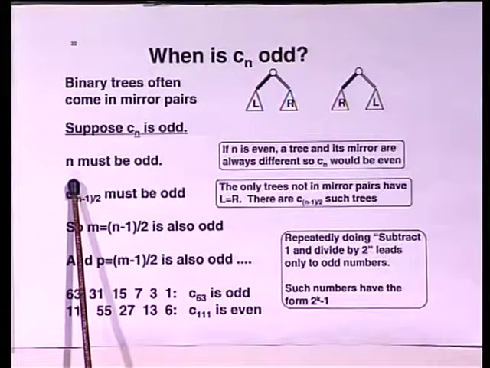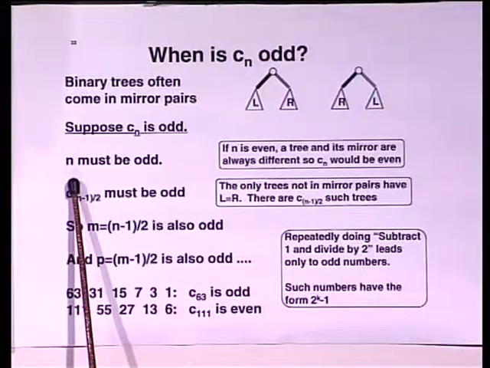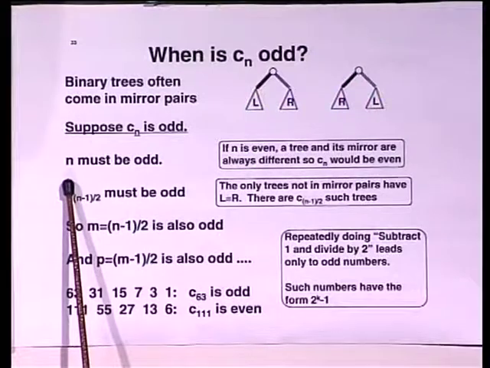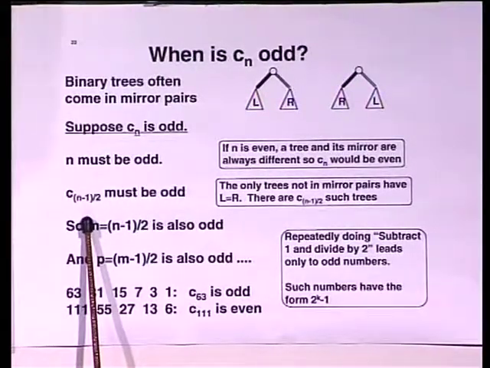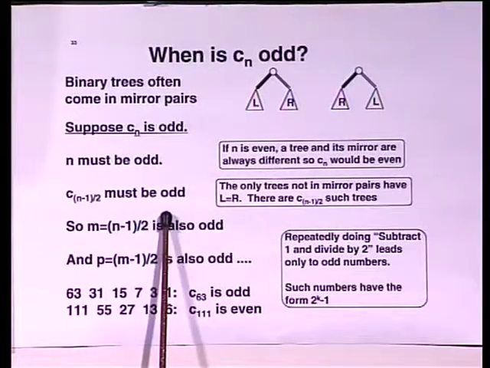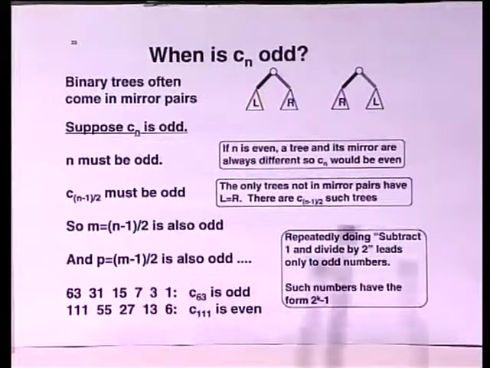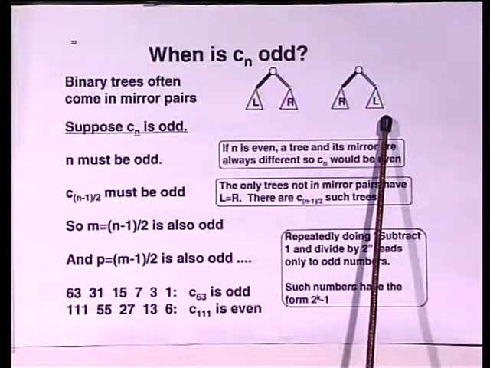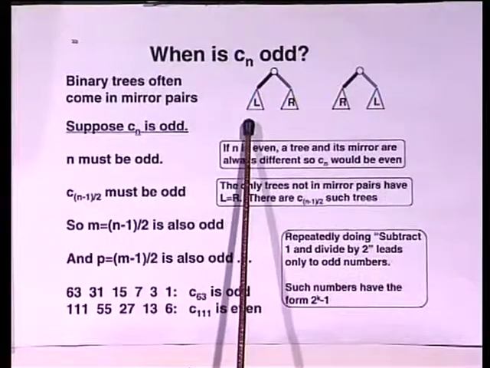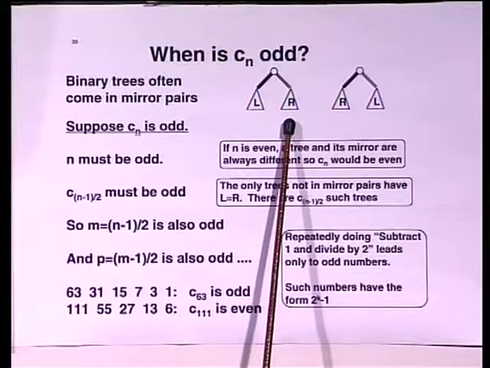So now we know that n is odd. Now we can carry out this argument even when n is odd, and here is what it tells us. It tells us, in fact, that this Catalan number, the Catalan number for n minus 1 over 2, must always be odd. The reason? Well, which trees here come in mirror pairs? Those in which that piece is not equal to that piece.